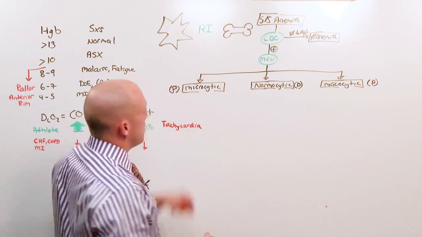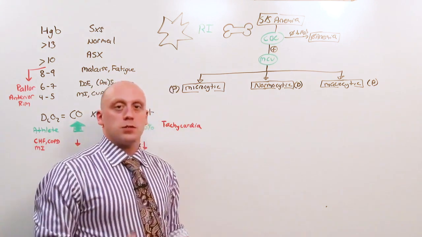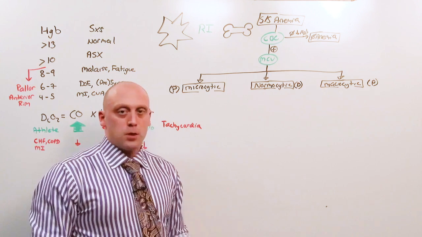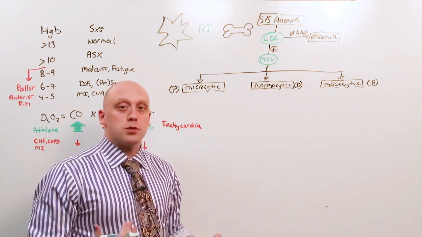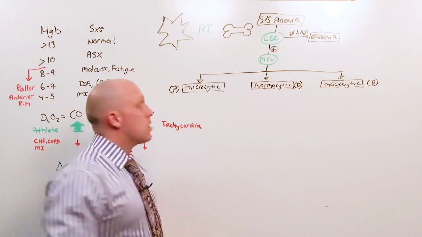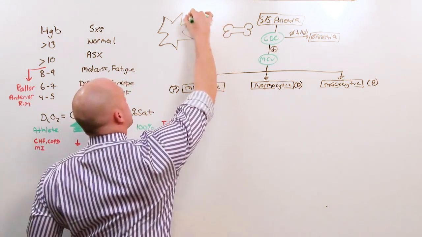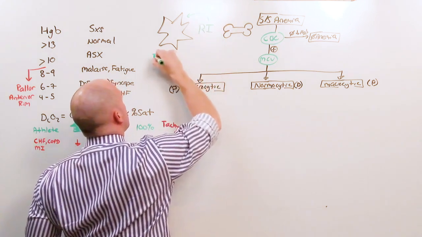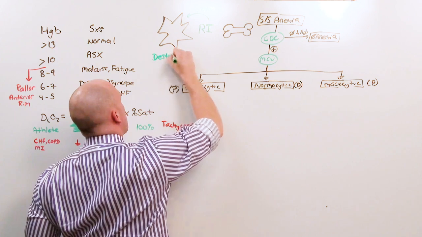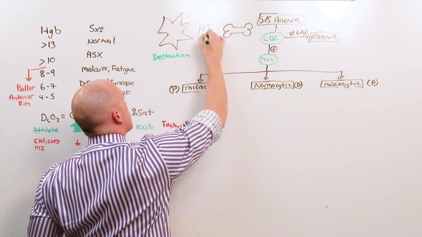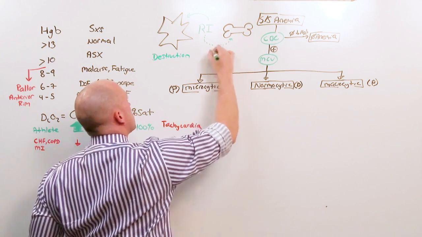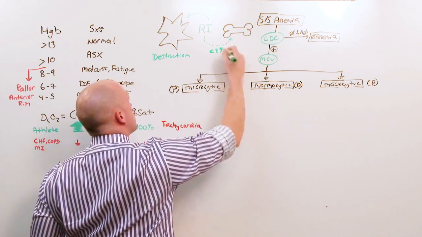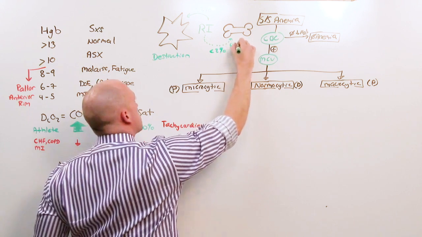If it is a destruction anemia, red blood cells are dying or being hemorrhaged, the bone marrow will attempt to create more. So if the reticulocyte index is greater than 2%, it is likely to be a destruction anemia. If, on the other hand, the reticulocyte index is less than 2%, it is probably a production anemia.